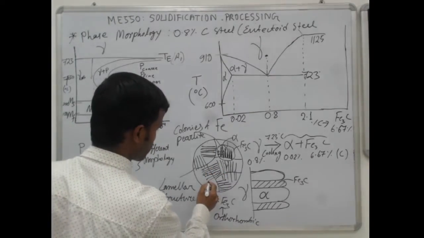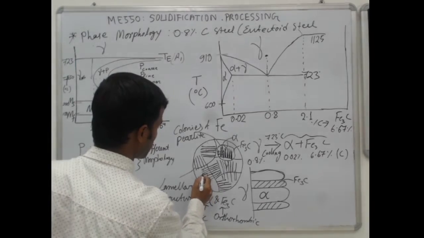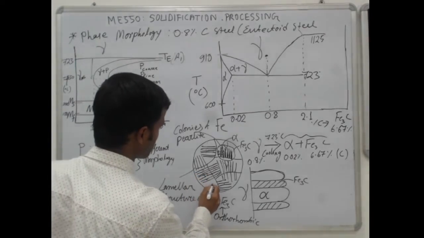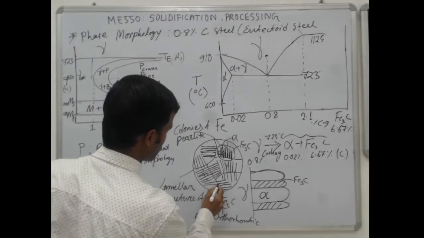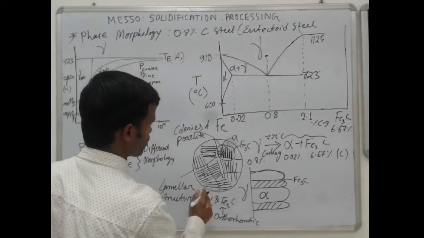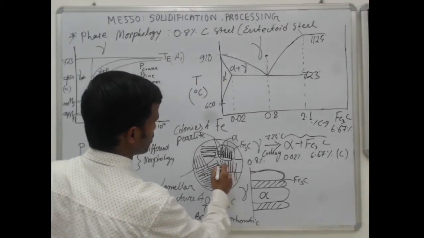So pearlite will nucleate and grow, cementite will grow, and you end up getting pearlite, but the growth will be stopped when they encounter another pearlite.